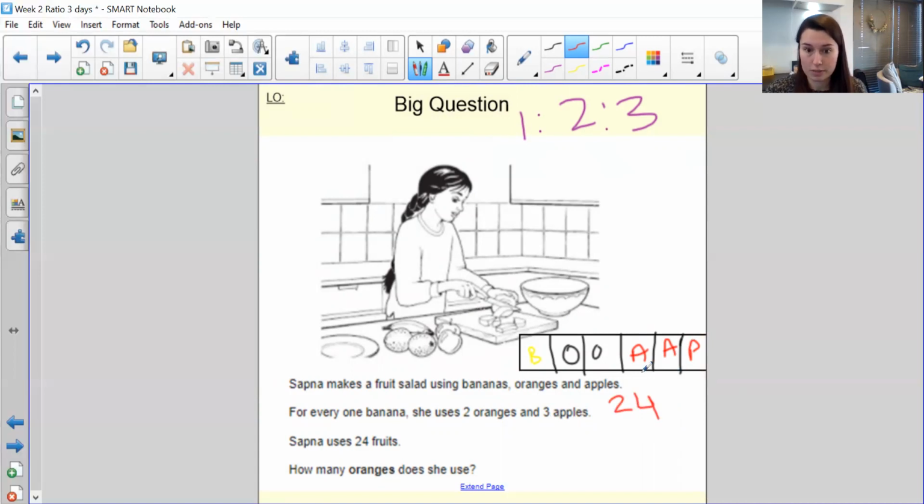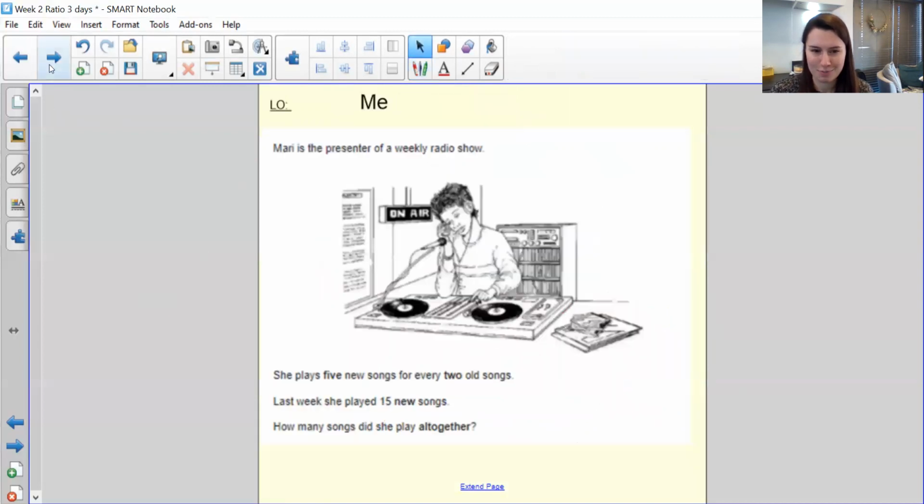So I want to know, what does the oranges represent? So I'm doing 24 divided by the 6, which gives me 4, which means each one of these parts represents 4. So to finish my question, how many are oranges? There are 2 parts that are oranges, which gives me an answer of 8. Hopefully that's refreshed your memory.